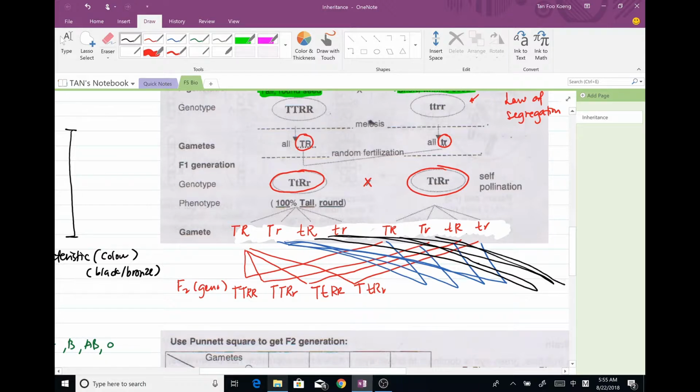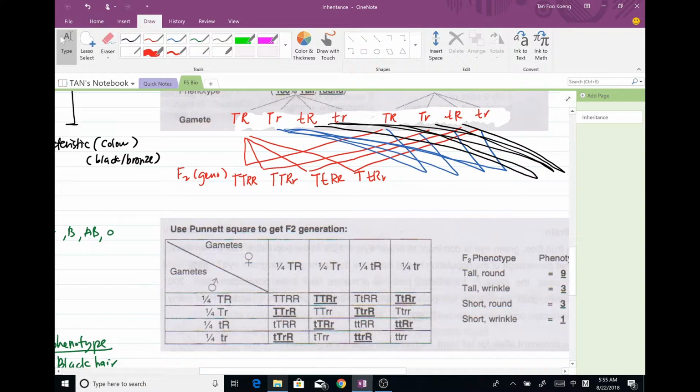So to save our time on random fertilization, scientists introduced another method known as the Punnett square. In the Punnett square, what you need to do is to list down the gametes produced by the male plant and the female plant.